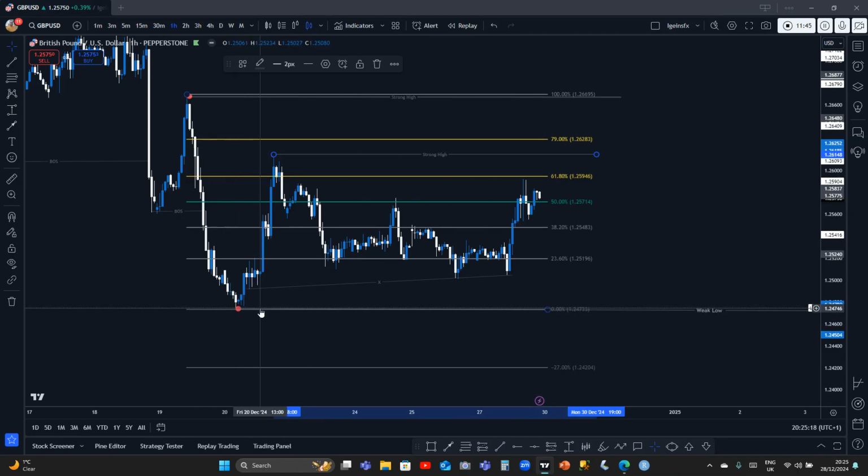This is a weak low. Why? Because this guy created this low. It's a weak low. Remember, we trade from the strong high down to take out the weak low. Or if we are bullish, we trade from the strong low to take out the weak high.